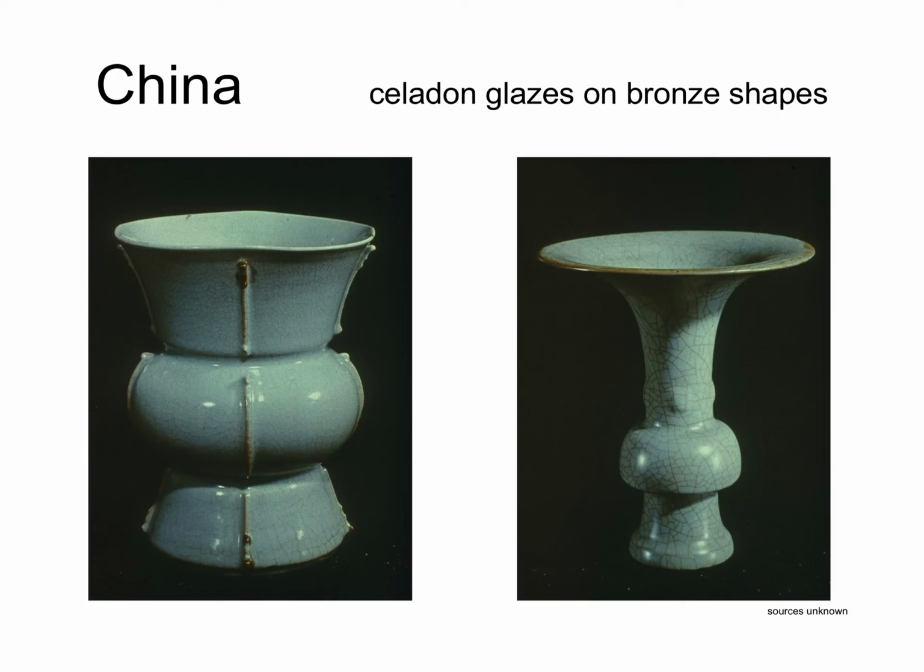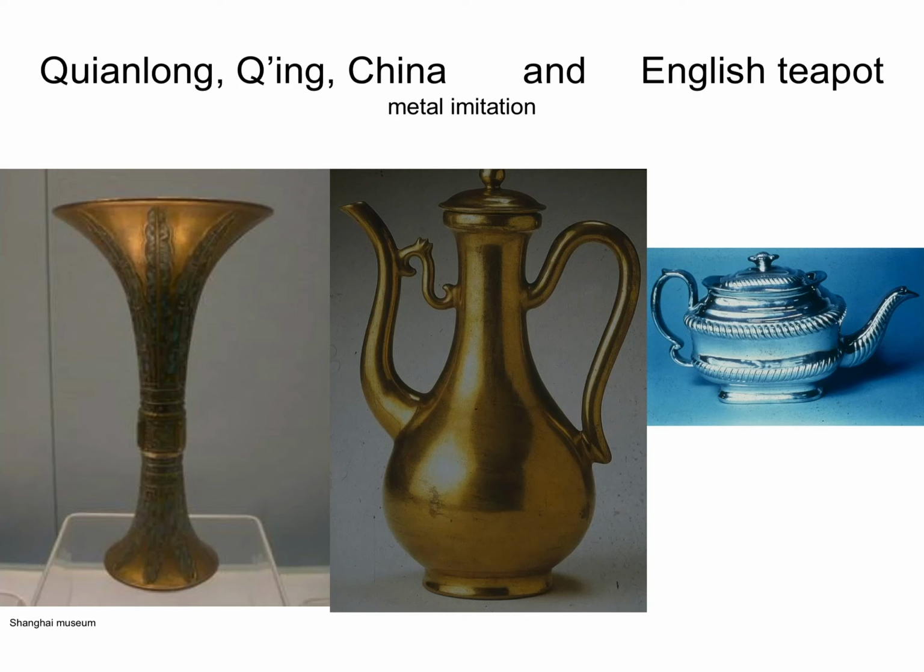In China, glazers were sometimes emulating bronze at the level of form and at the level of surface as well. Not in a very convincing way, but there is still a relationship between the two materials that creates an interesting dynamic between them. And sometimes it would be pushed to a degree of realism, again a trompe-l'œil effect in those metal imitations.